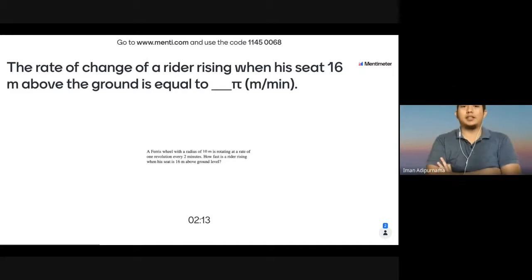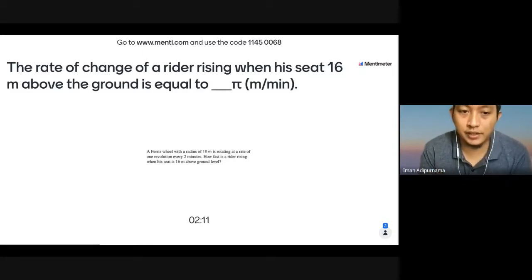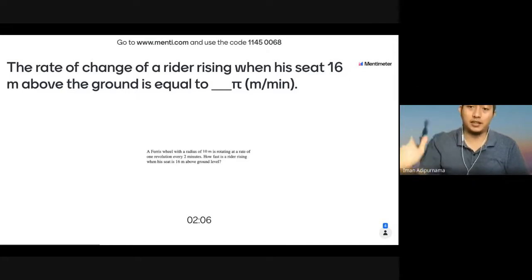It's asking how fast a rider is rising. When it's going up, it has a certain height, and that height over dt.